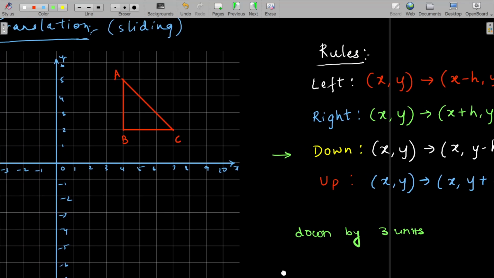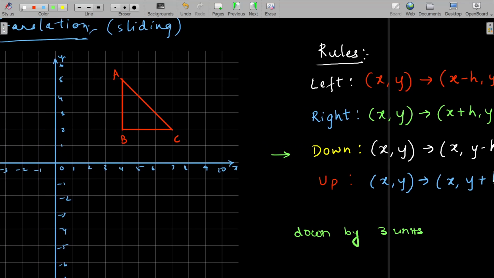First of all, let's write down the coordinates. Point A has coordinates 4, 5. Point C has coordinates 7, 2. Point B has coordinates 4, 2.